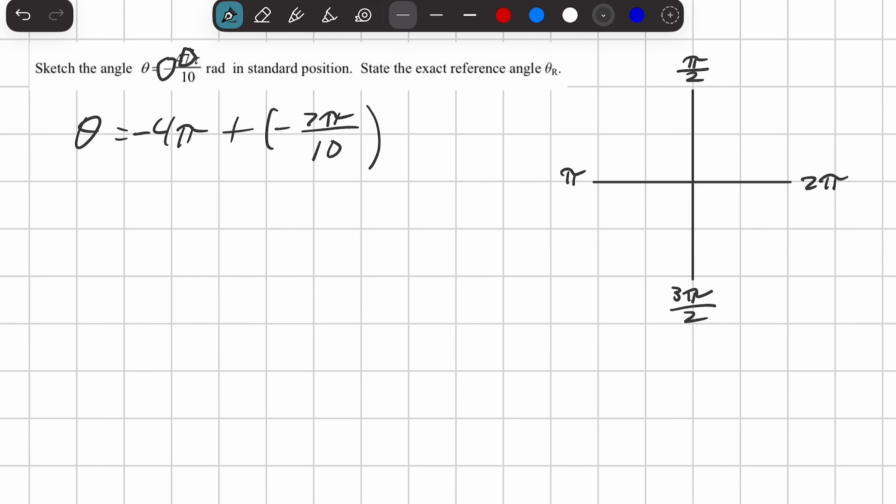And 5 pi over 10 goes into this one time. So we can have negative 4 pi plus negative pi over 2, and then we're going to be left with negative 2 pi over 10, which is the same as negative pi over 5.